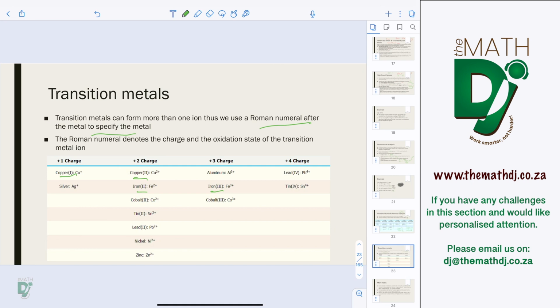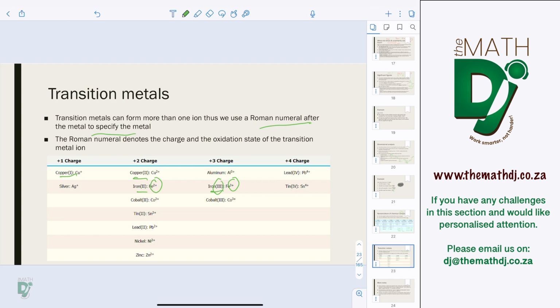The oxidation states we'll cover later, but this is just to tell you that transition metals are metals that can exist with different charges. Iron can exist with a +2 charge, as you can see here, or with a +3 charge.